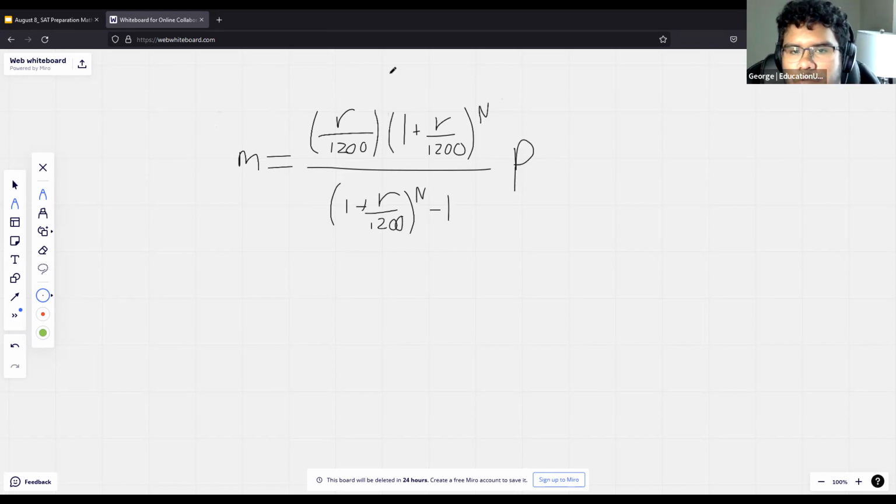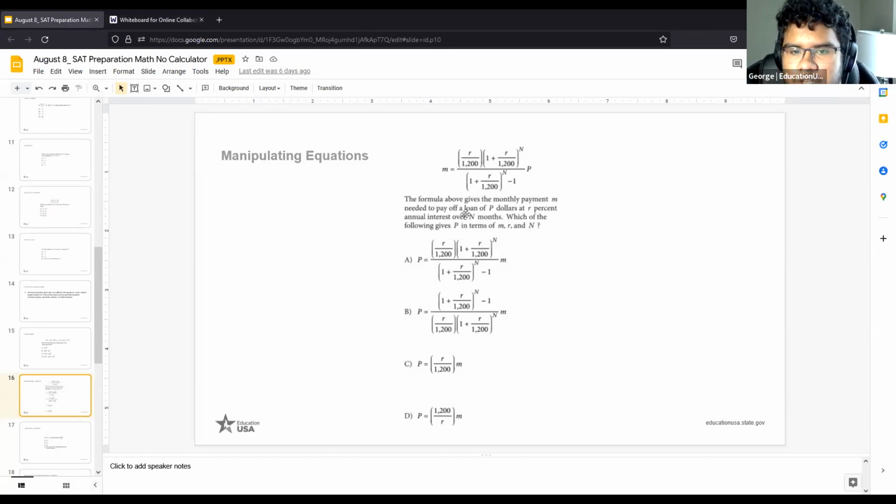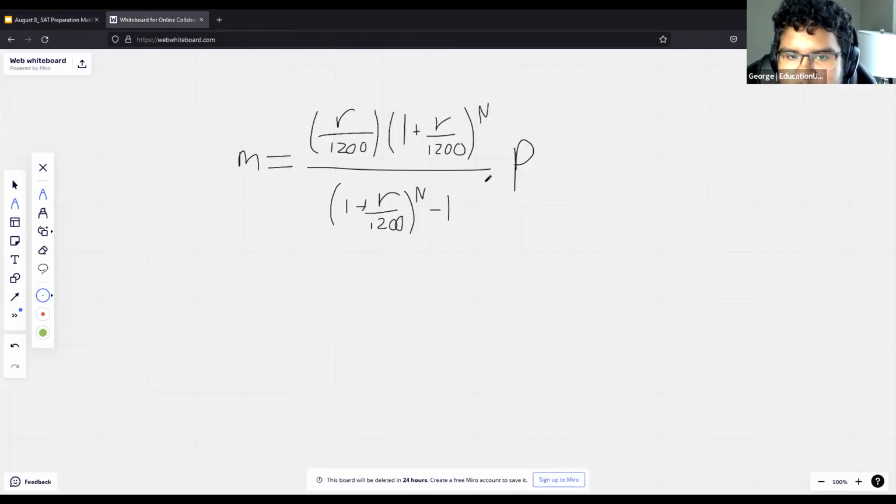Okay, so we're given this not very nice looking equation here for this problem. And what it's asking for is an equation for P in terms of M, R, and N. But here's the thing. The beautiful thing about what we've been given with this problem is that P is entirely isolated. It's not a part of any one of these complex fractions.